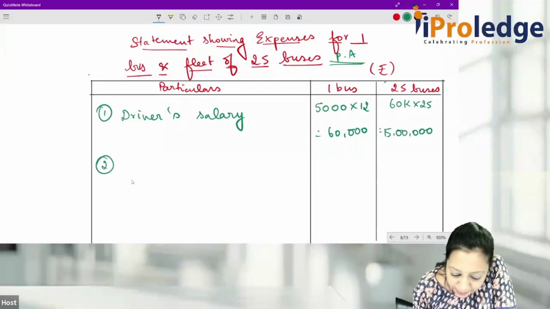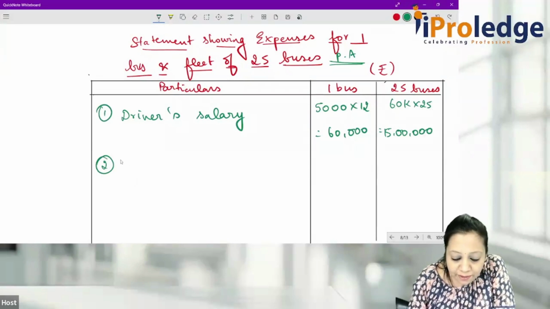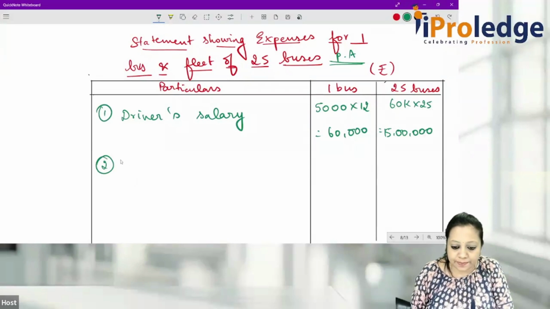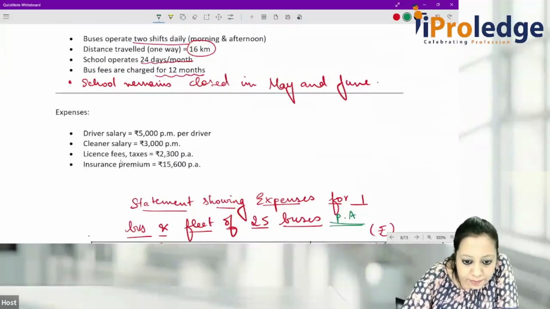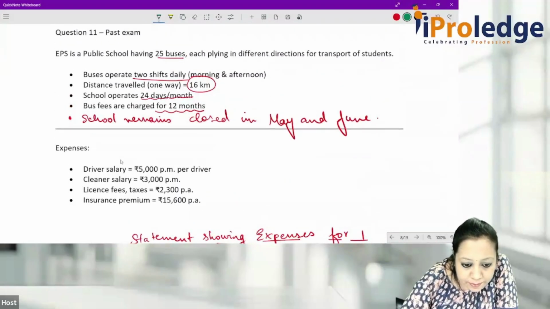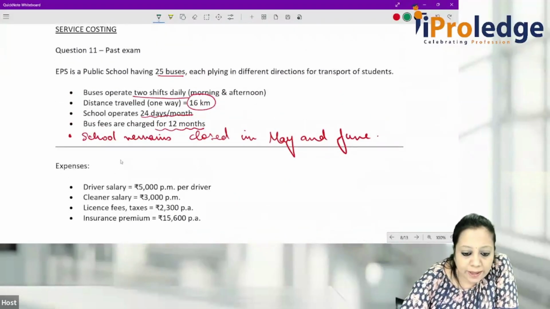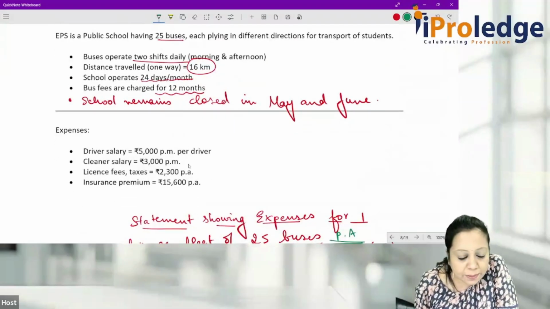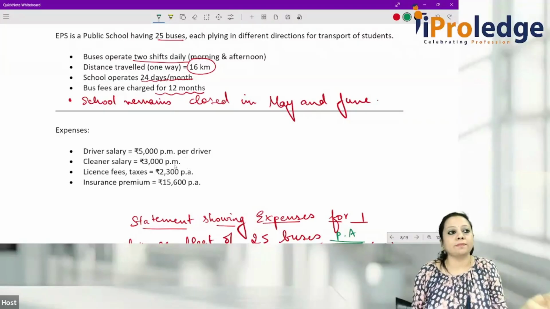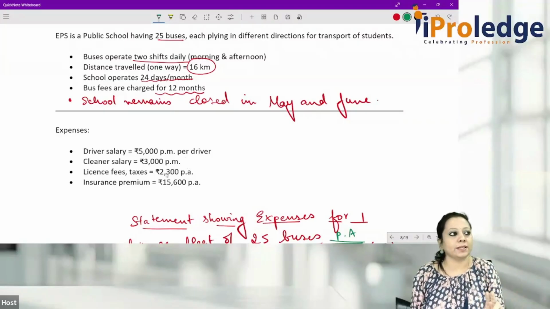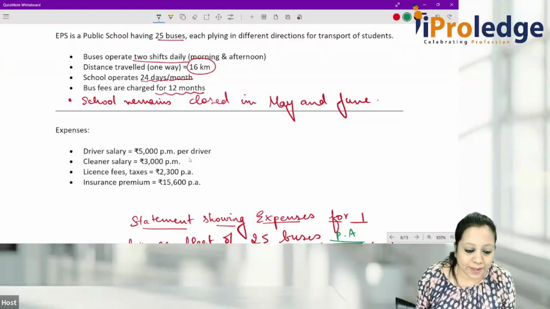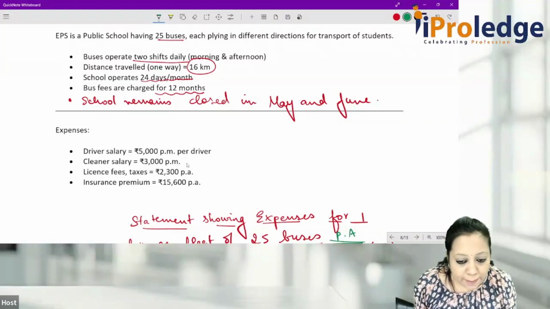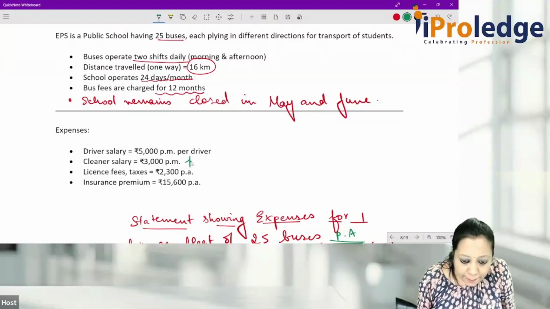Again, in the order of the question. Cleaner salary payable for all of the 12 months. My God, there is another missing information here. My apologies. I'll make sure the PDF is right. In the previous PDF, two small things were missed. That is also updated. I will share that. Please excuse me for this. It is 3,000 per month per five buses.